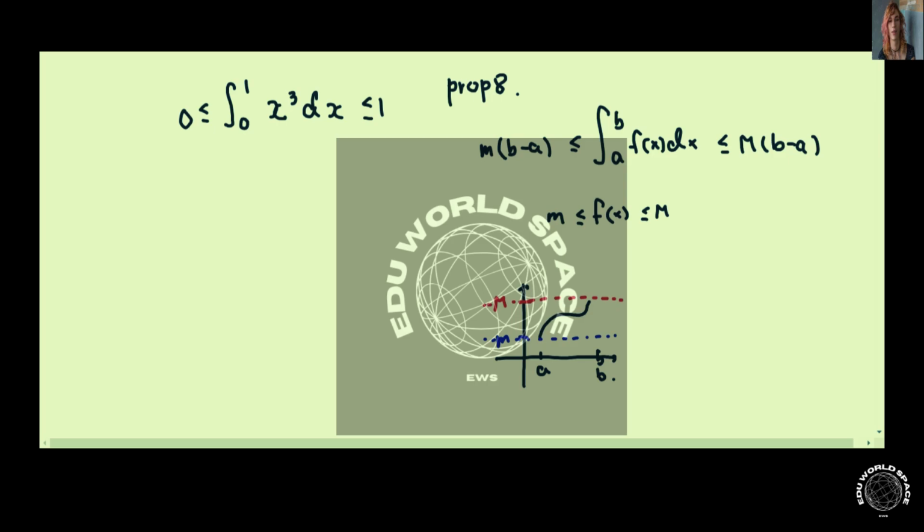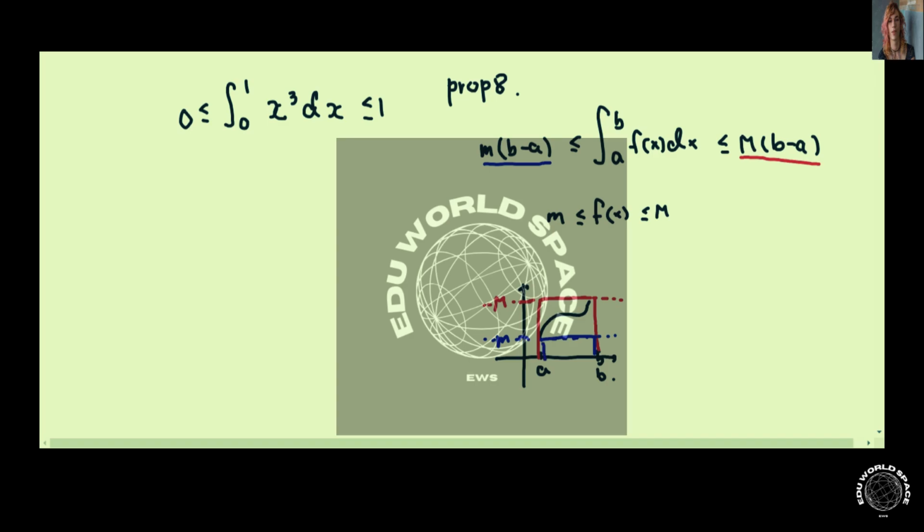So what is m times b minus a equal to? Well, this portion is the area under this curve of m, so it's this red rectangle. Similarly, if I take a look at this value, it's the area of the blue rectangle.